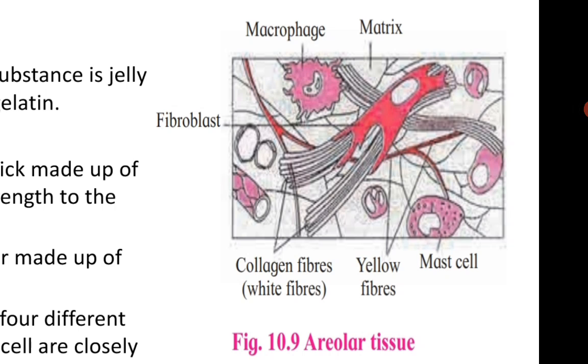Then adipocytes. Adipocytes are present in the areolar connective tissue. Adipo means fat, cyte means cell. Adipocytes are small cells with an eccentric nucleus. In adipocytes, the nucleus is present towards the peripheral region. It stores fat, as packaging material, like food.